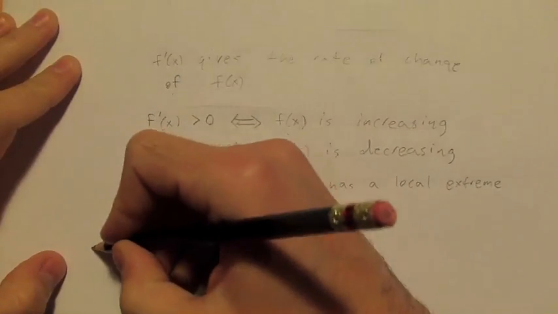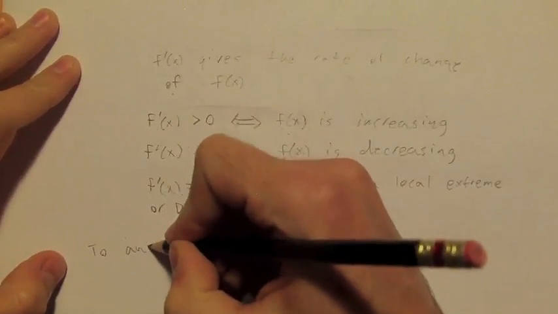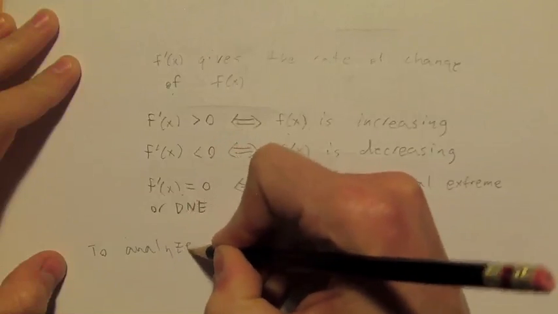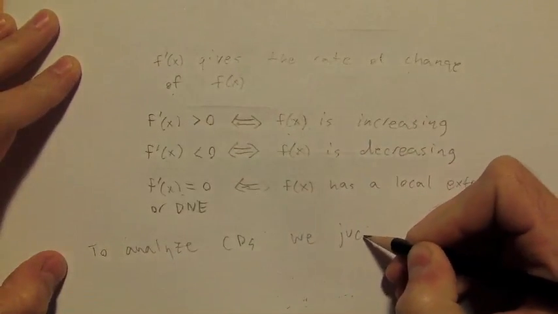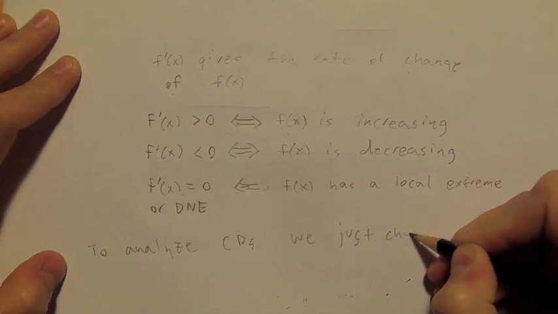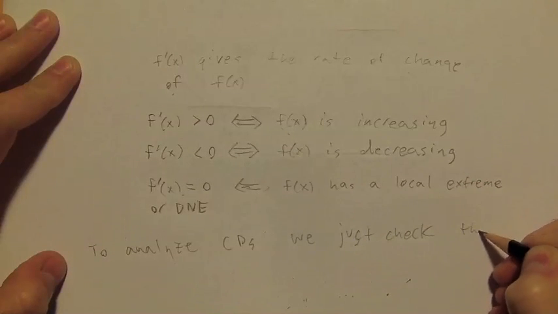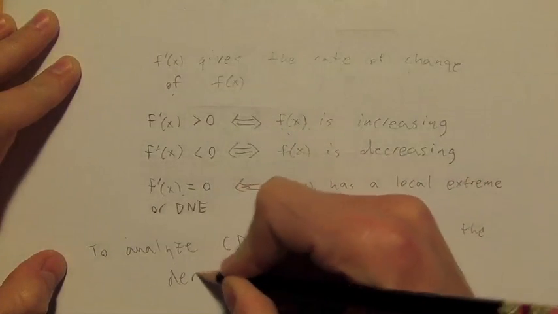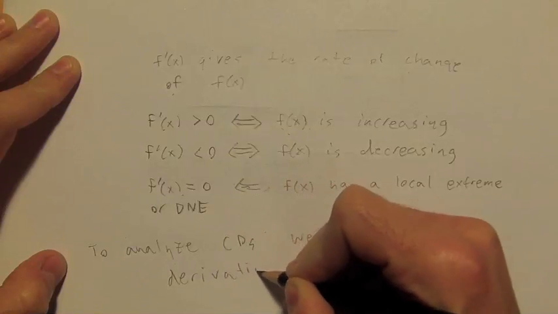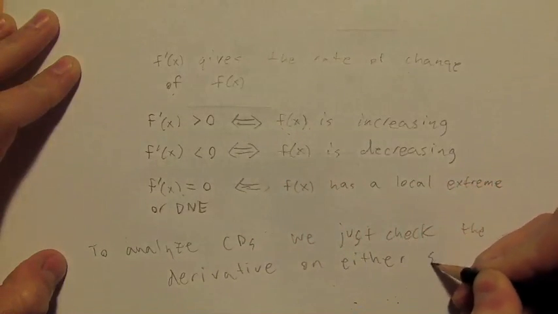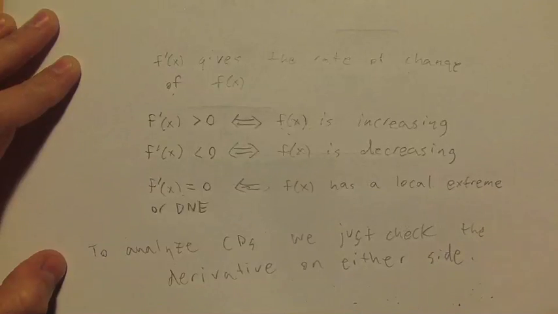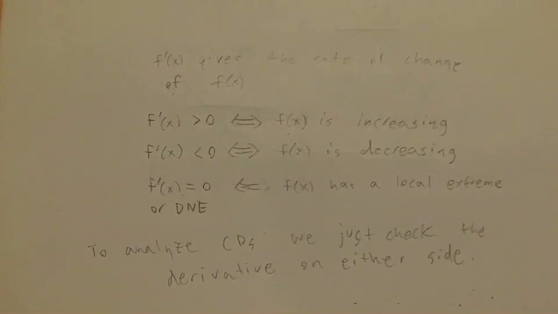So to analyze critical points, we just check the derivative on either side. It's that simple.